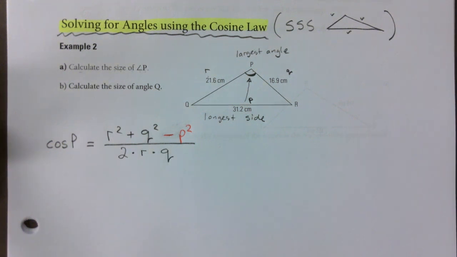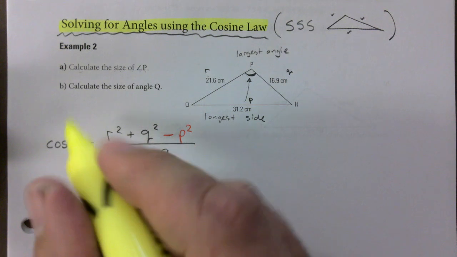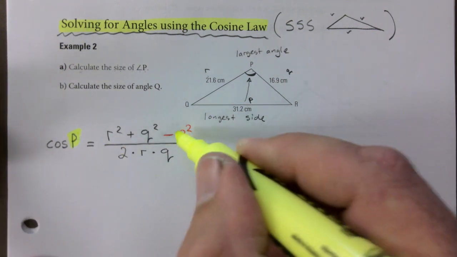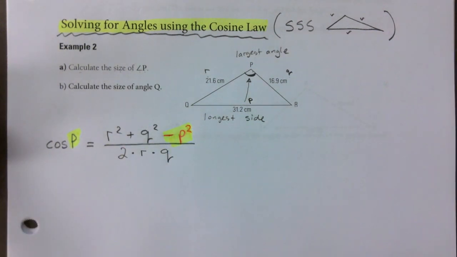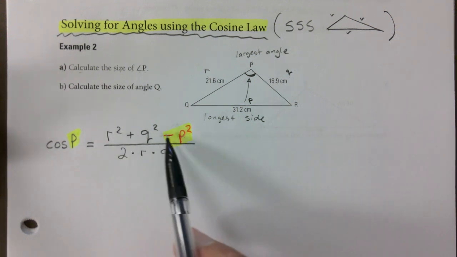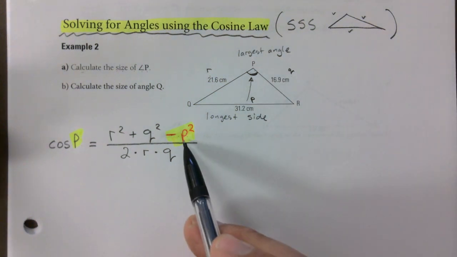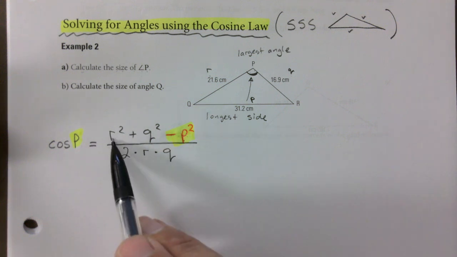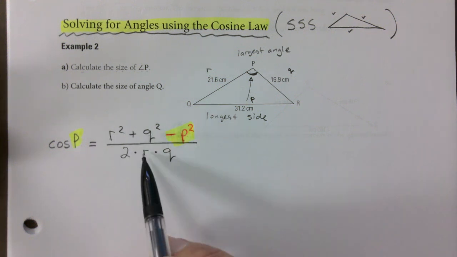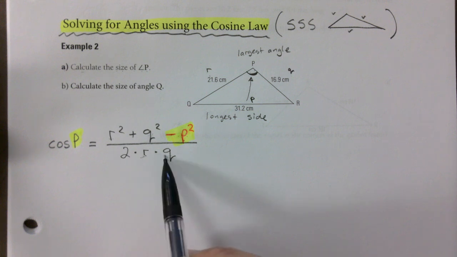Okay, I will highlight angle P here and side P there. They are opposite to each other on the diagram, and P only shows up once. Make note of that. R and Q, the first two that are added, those are the ones that show up in the denominator.